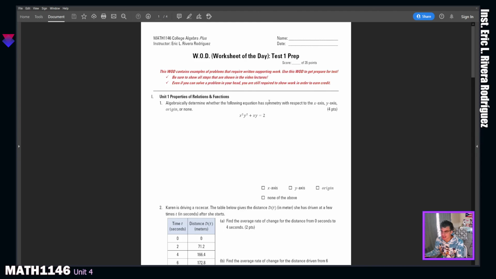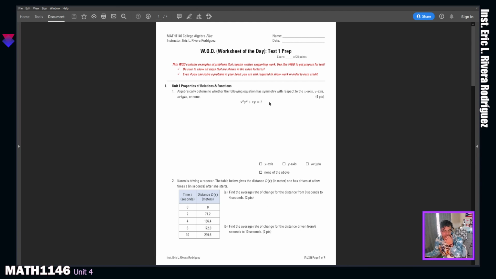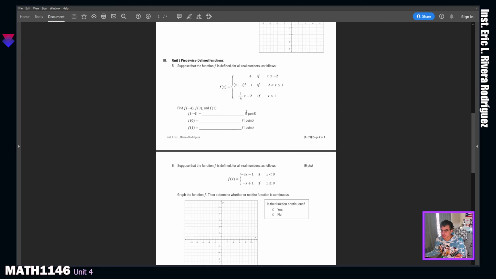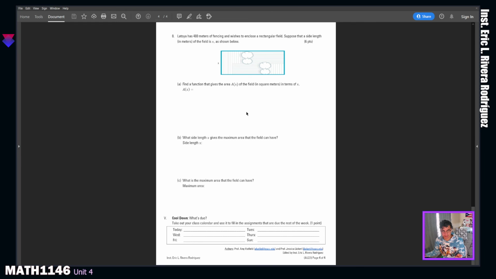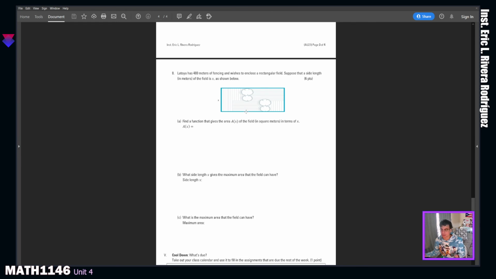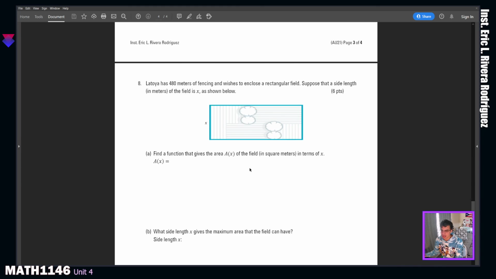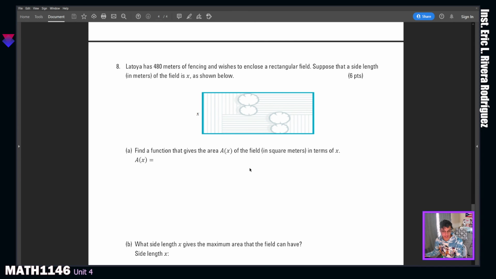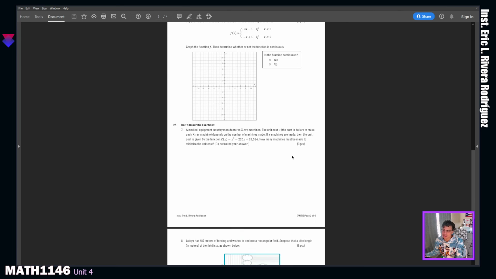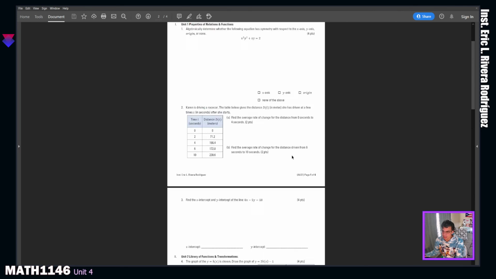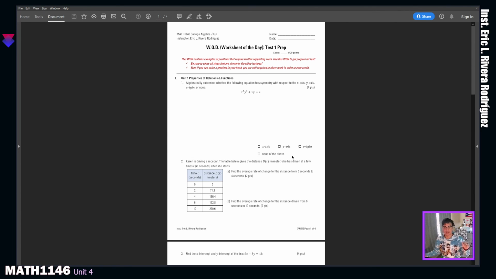This is the next worksheet of the day that you are going to be working on, all right? This is a review for test number 1, and here you can see the exercise that I just finished discussing. There are not all the types of exercises in this review, but this is complementary to the review that you are going to see on Alex, right?